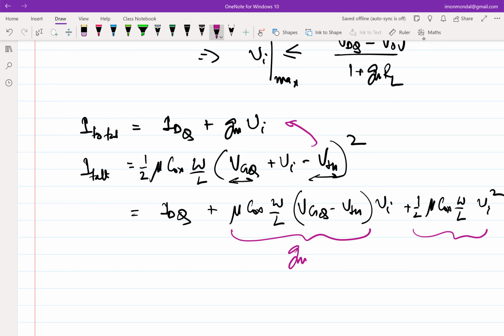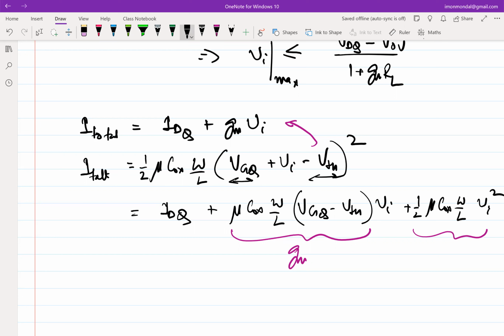It's a nonlinear element, but we want to linearize the amplifier and operate under a condition where the linearity of the signal doesn't get compromised, which means I am making the commitment that Vi will be such that the higher order terms can be neglected. As a designer, I'm making that commitment, which means for our analysis I can neglect this higher order term and limit my total as the quiescent plus small signal.